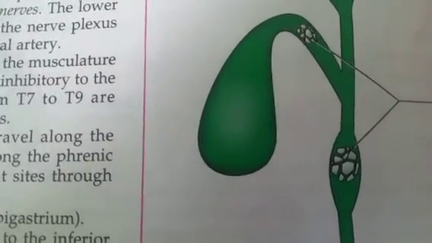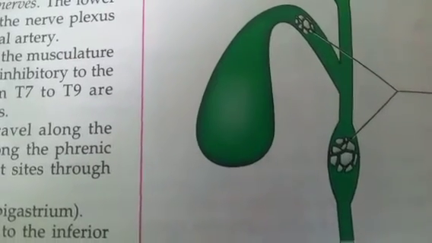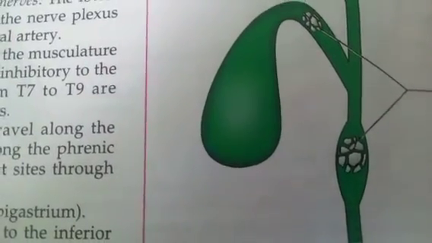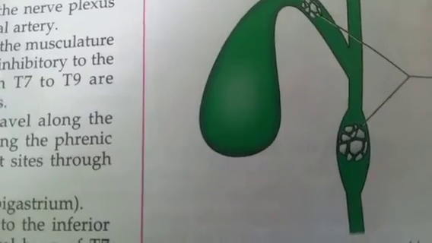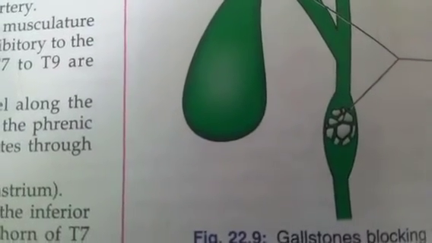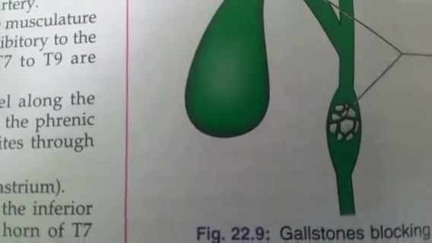In such cases, the bile pigment will not reach the duodenum, so the feces will be light colored. Instead of reaching the duodenum, bile pigment will reach into the blood, which will cause jaundice, and these pigments are excreted into the urine, leading to dark colored urine.